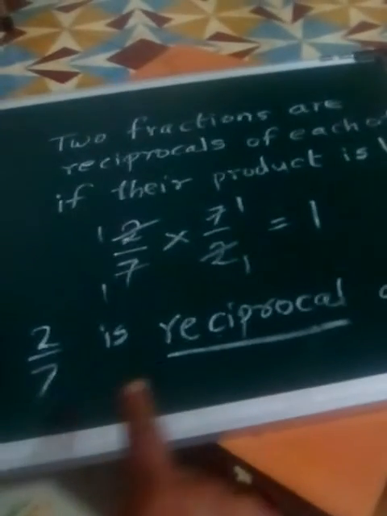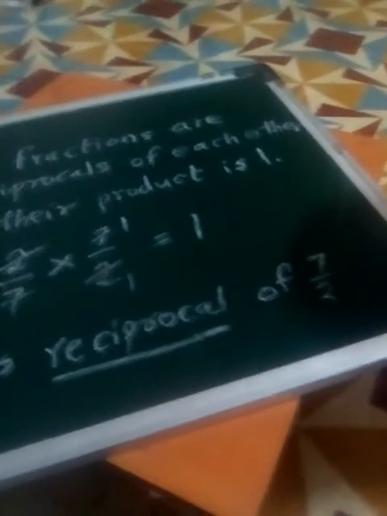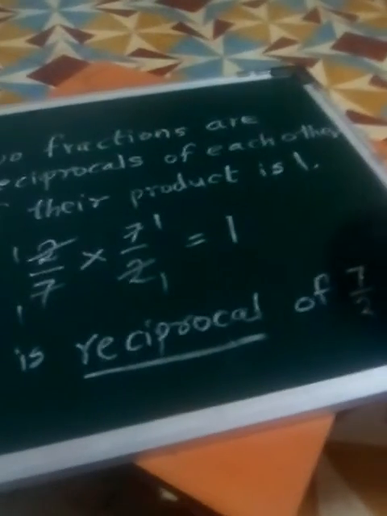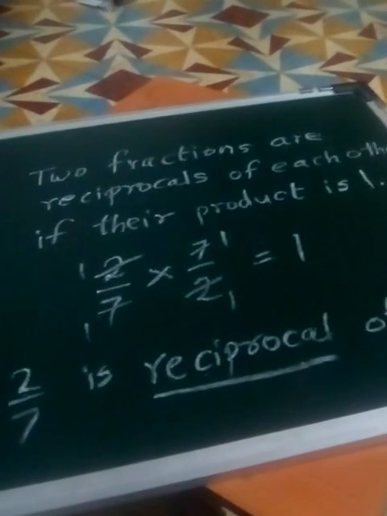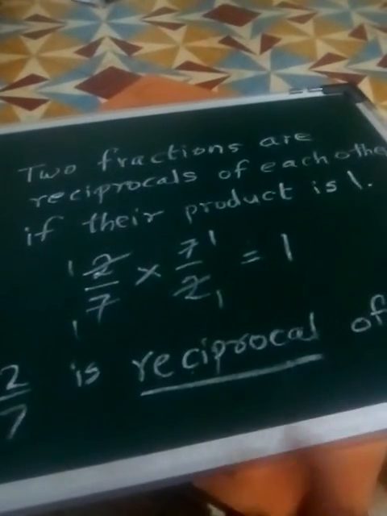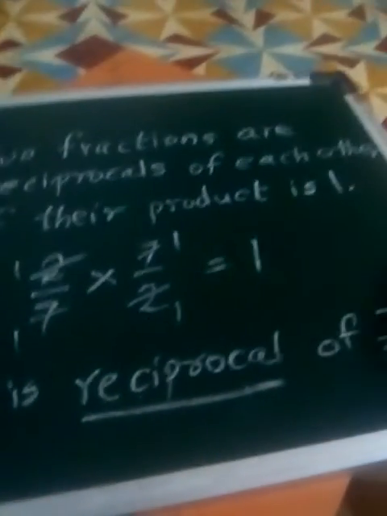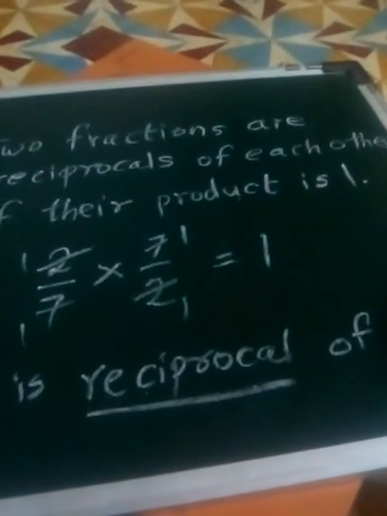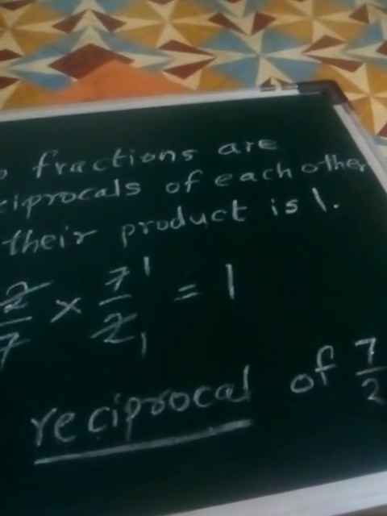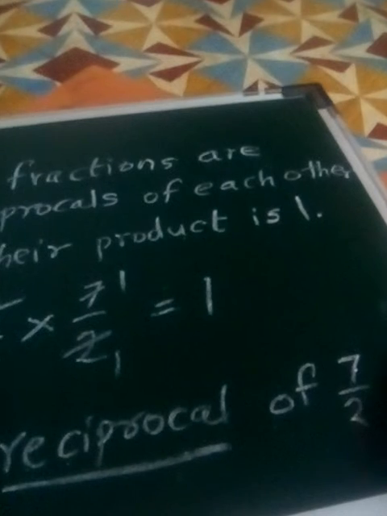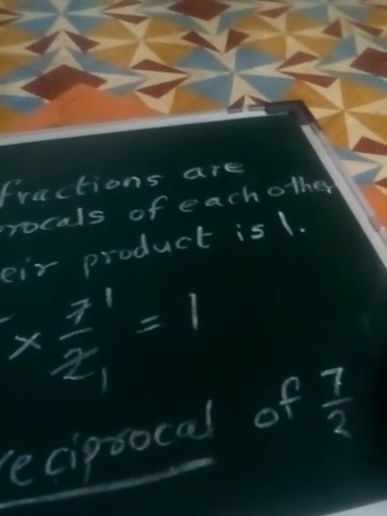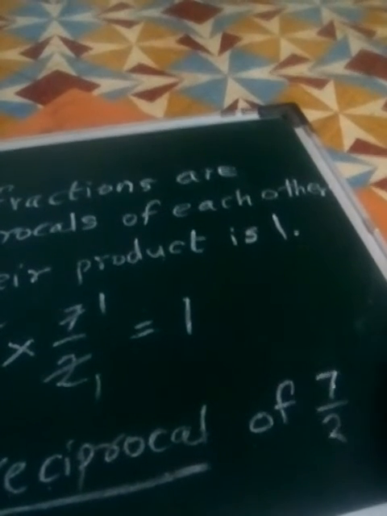Yes. Similarly, 7 by 2 is the reciprocal of 2 by 7. Or 2 by 7 and 7 by 2 are reciprocals of each other. Can you repeat these three statements? 2 by 7 is the reciprocal of 7 by 2. 7 by 2 is the reciprocal of 2 by 7, and 2 by 7 and 7 by 2 are reciprocals of each other. Good.